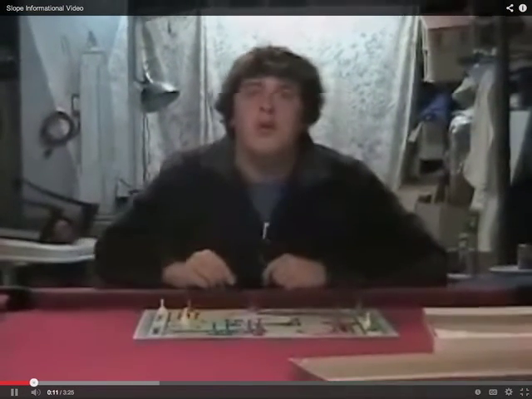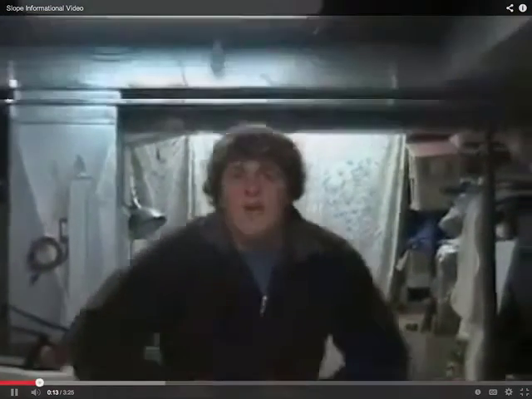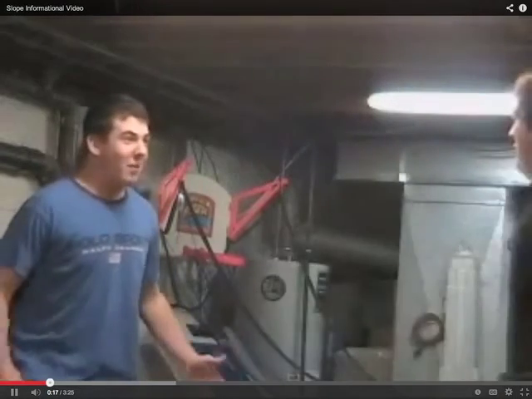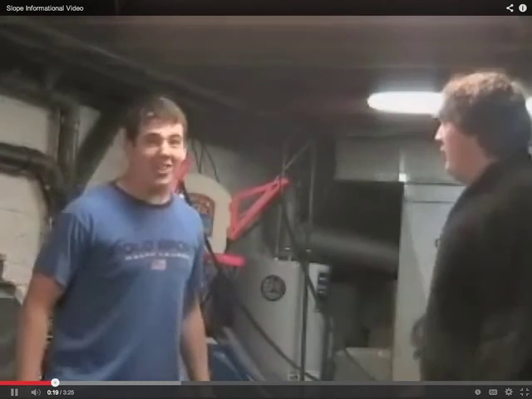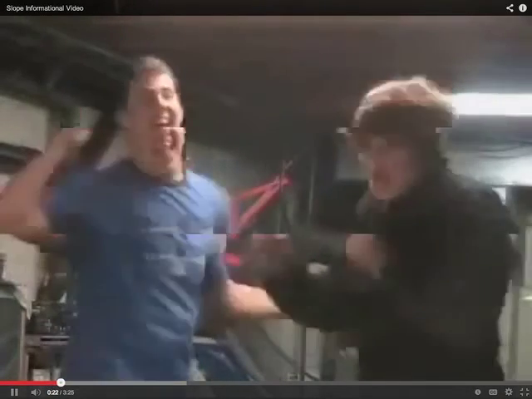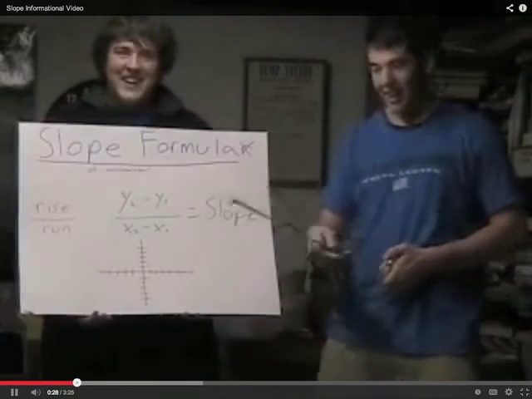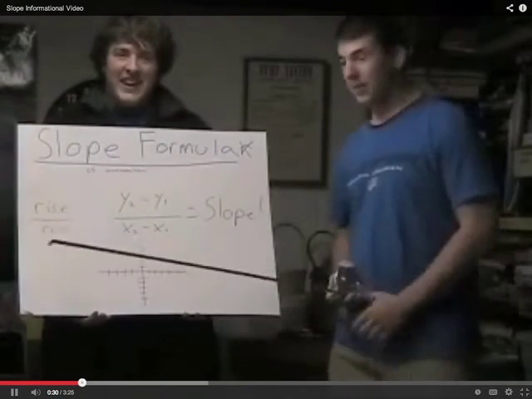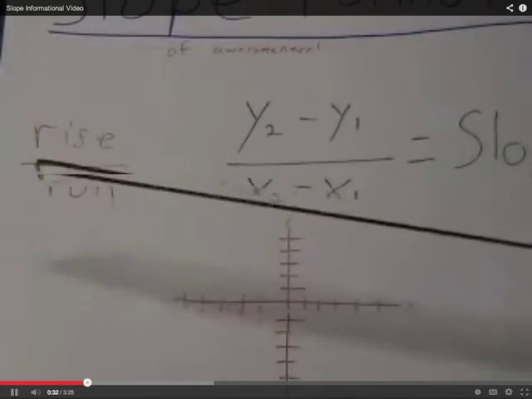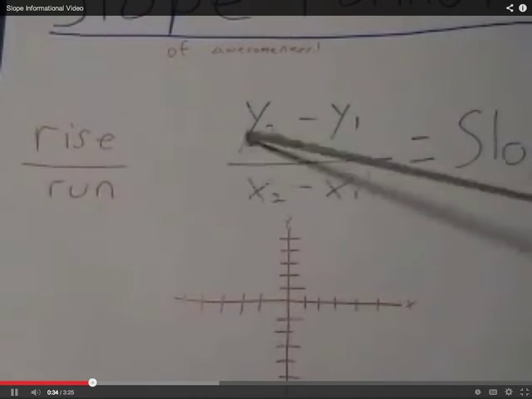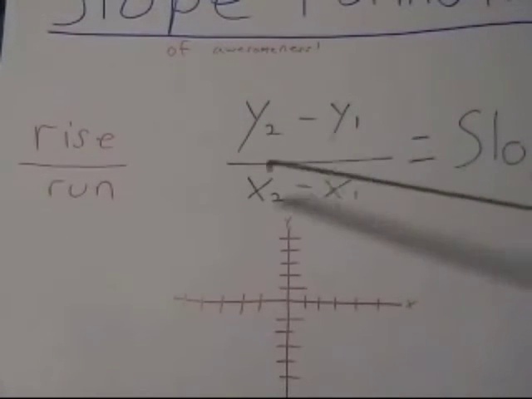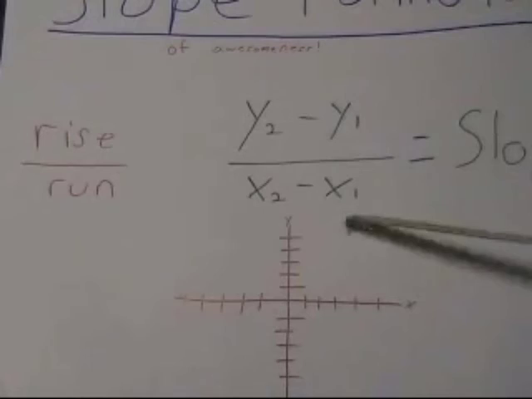Hey you! Do you want to learn about slope? Yeah! That's good! Look, because slope is awesome! Let's find the slope. Let's do it! Slope is rise over run, which is y sub 2 minus y sub 1 over x sub 2 minus x sub 1.